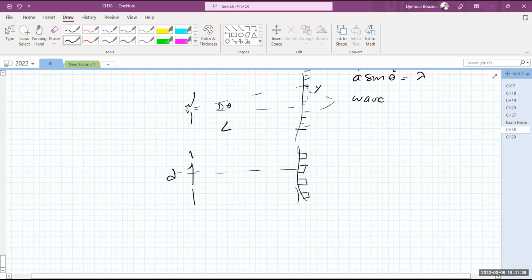Again, you go from center to center and find the angle, except that now the angle has to do with d, namely d times sin theta is from bright to bright, not bright to dark as in the single slit. And that too is equal to lambda for the first bright from the top or the bottom.